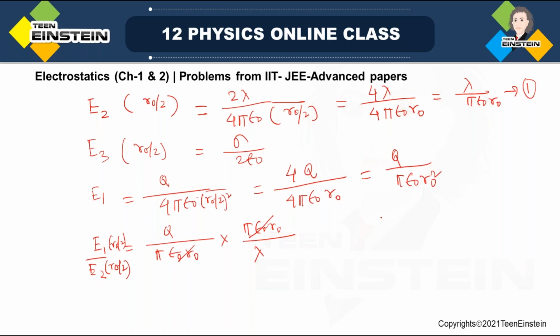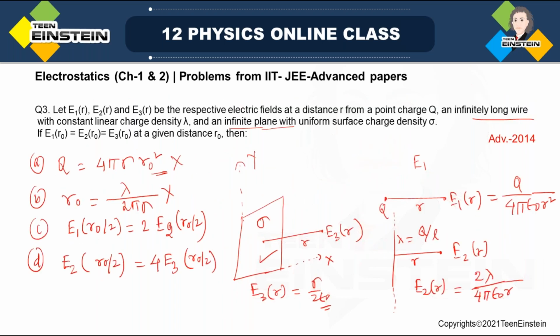Oh no, this is R0 square, so one R0 will be left. So we have got Q by R0 into lambda. In the options, we have to find the relation between E1 and E2.